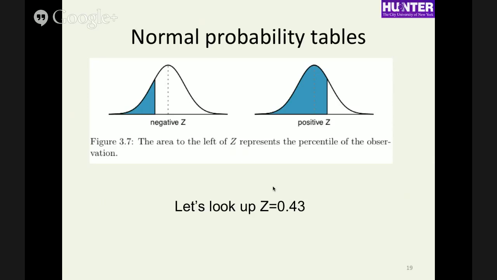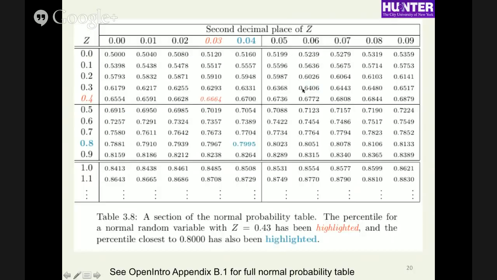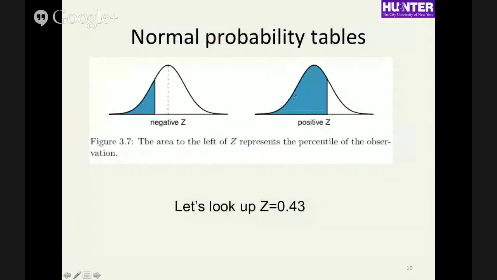What would you do if you only had a table for positive z's and you needed to look up, say, this value of z? How would you do it?